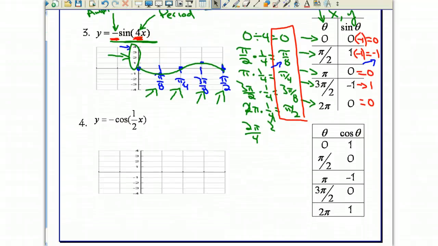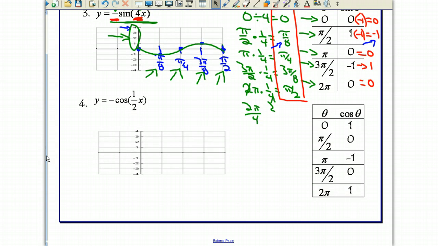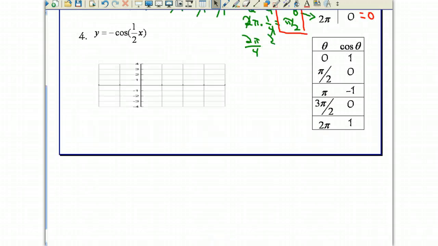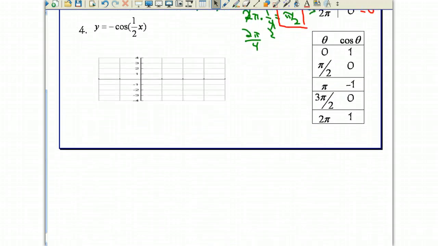There's a couple of things on the homework a little trickier with matching and that. Other than that, I think you'll be able to figure things out. Okay, same thing here. We look at the period. This graph is only going half as fast. So I have to take all my x-coordinates and divide by 1/2. Wait, how do we divide fractions? We multiply by the reciprocal.